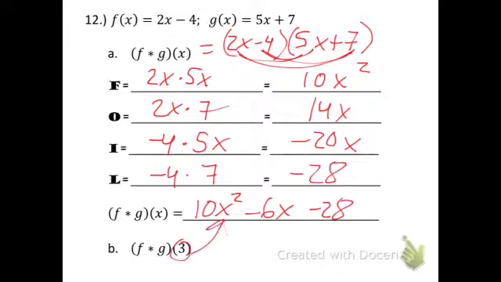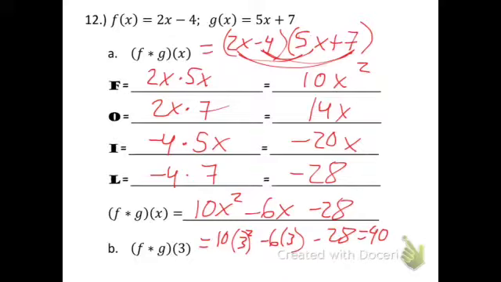Now you take 3 and plug it into both of those x's. That's going to give you 10 times 3 squared minus 6 times 3 minus 28. 3 squared is 9, so this piece is going to be 90. 3 times 6 is 18, so subtract 18.